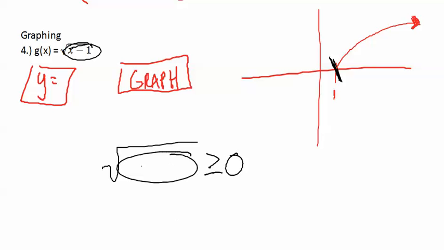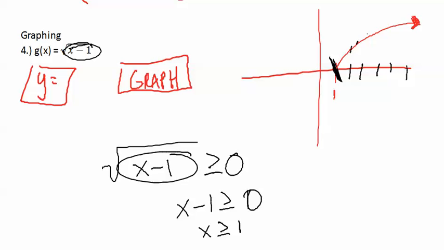So if I take x minus 1 and solve that, x has to be greater than or equal to, sorry, this should be a 0, x should be greater than or equal to 1. Therefore, that's why our graph starts at 1 for the x values. And you notice it continues on forever.